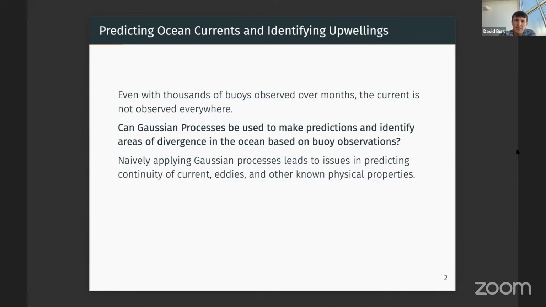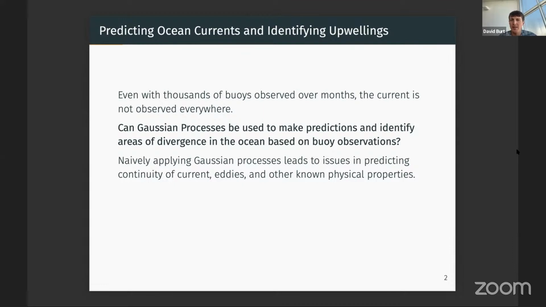What we find is that if you apply Gaussian processes in a straightforward way, without taking into account some physical information about the ocean system, there are issues.